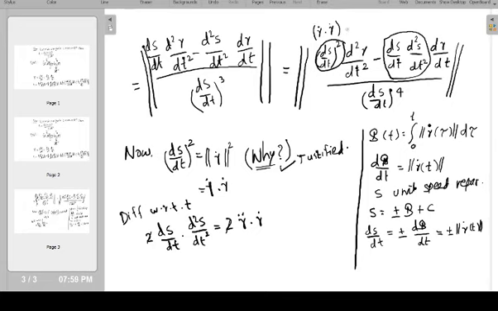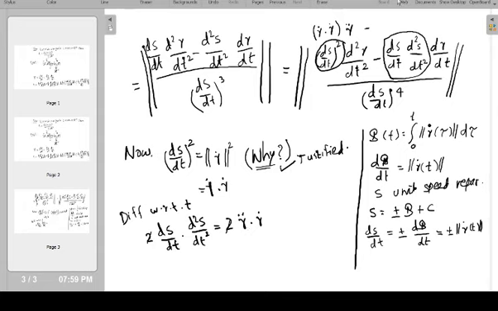So this is gamma double dot minus, dot means differentiation with respect to t, minus what is this? It is here: ds by dt into d square s by dt square is gamma double dot inner product with the gamma dot.